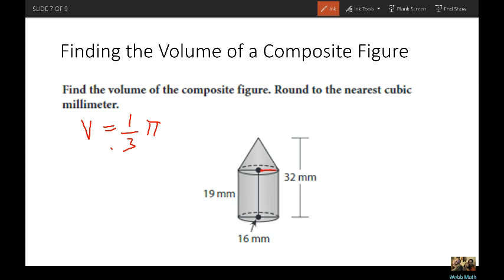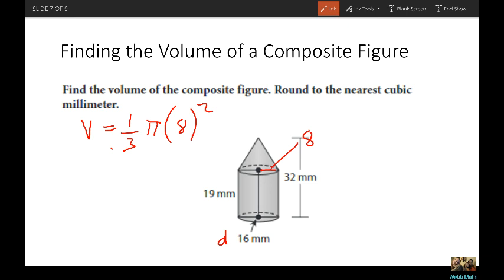I think they say the diameter is 16 millimeters. So if the diameter is 16 millimeters, then what's the radius? The radius is going to be half, so it should be 8. Don't forget we're squaring the 8.